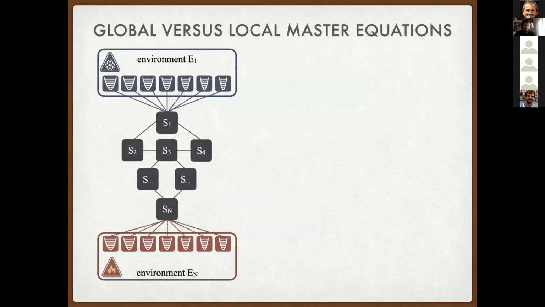This is all very well established, but problems arise when the system that you want to describe is made of several small parts, like subsystems, where, for example, S1, a part of it, is coupled to a cold environment, E1, and another part, like Sn, is coupled to an environment, for example, at a hot temperature.